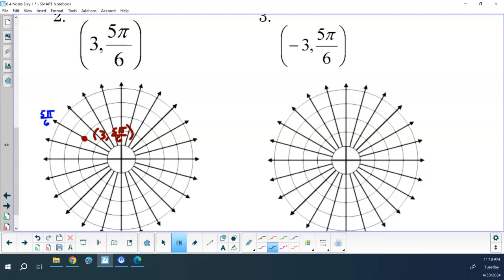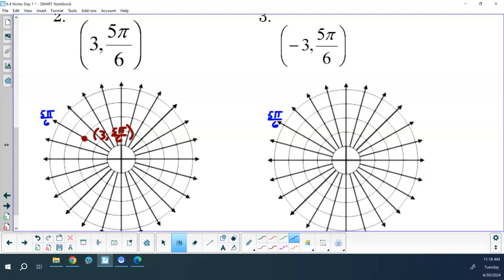What about negative 3 comma 5 pi over 6? So on this one, again, I find my 5 pi over 6 ray.